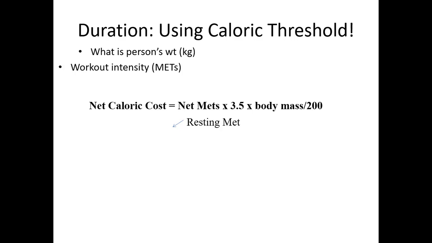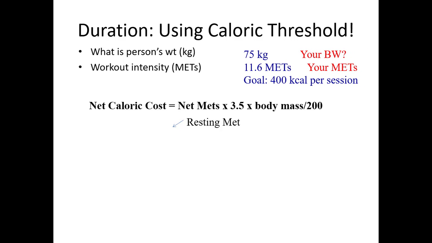So how about your body mass and your exercise intensity measure, right? This is my demonstration. My body mass is 75 kilograms, and we use the VO2 reserve method. We calculated our MET, exercise MET. So 11.6 MET. Did you remember?